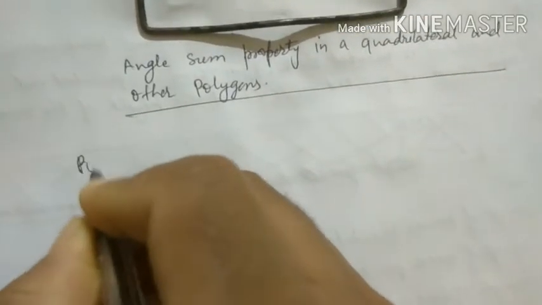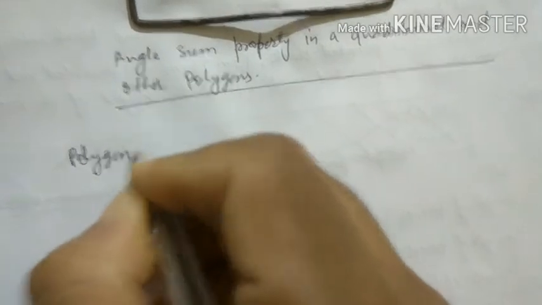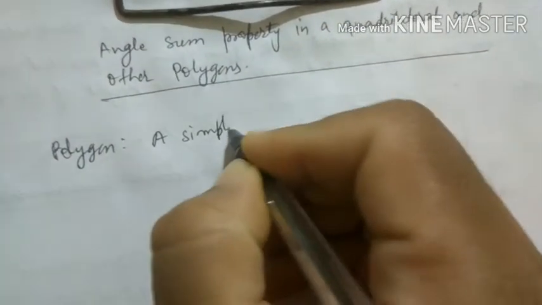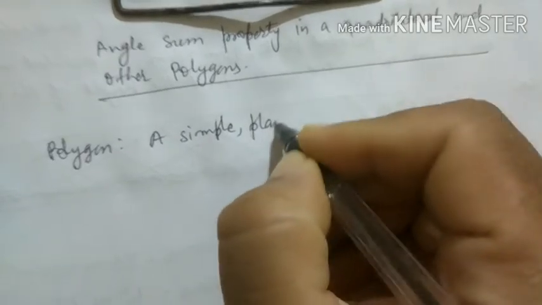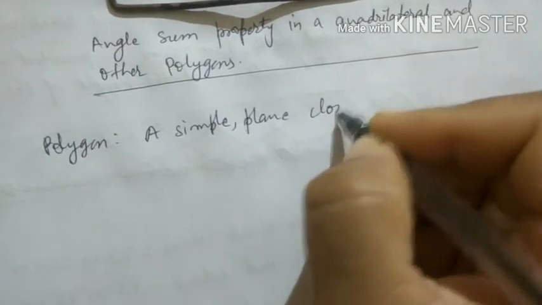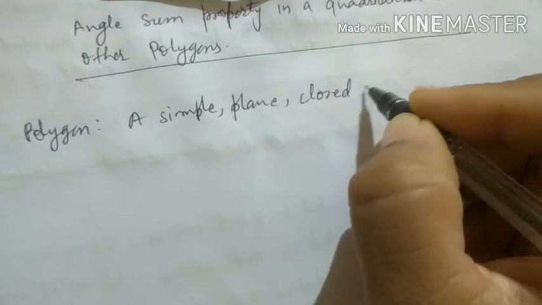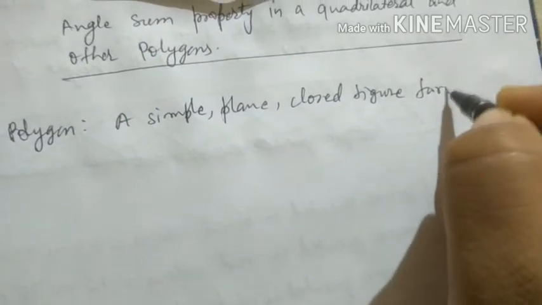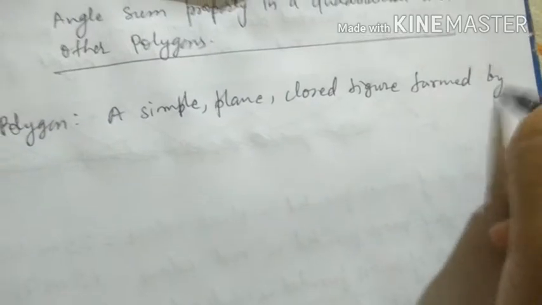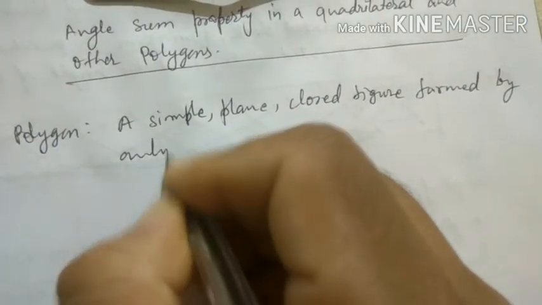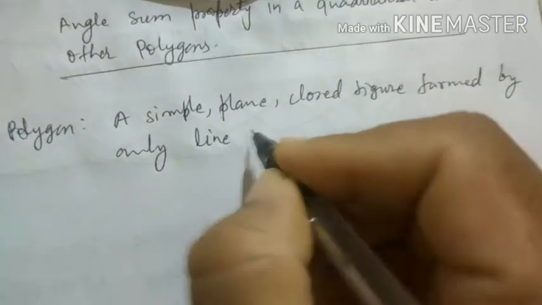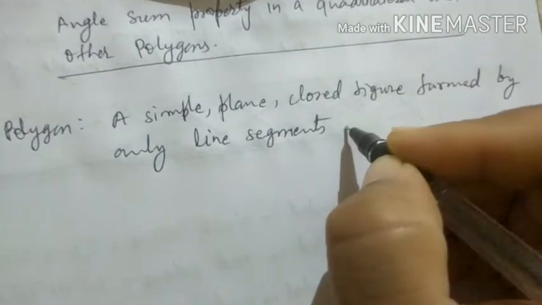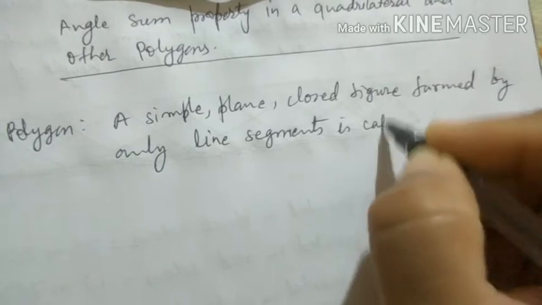So the definition of a polygon is: a simple, plane, closed figure formed by only line segments is called a polygon.